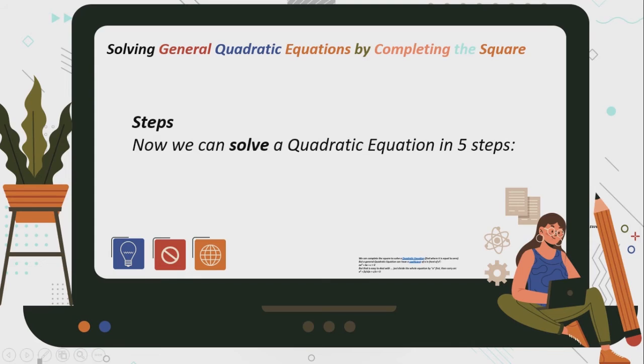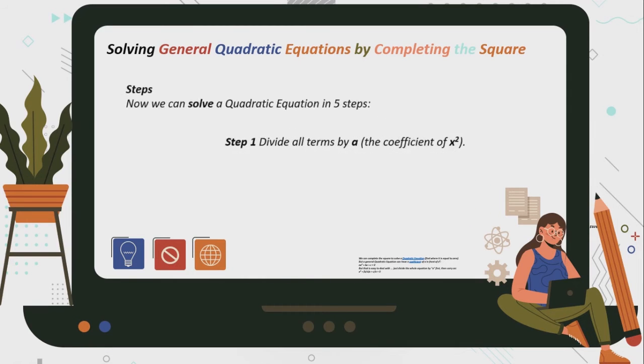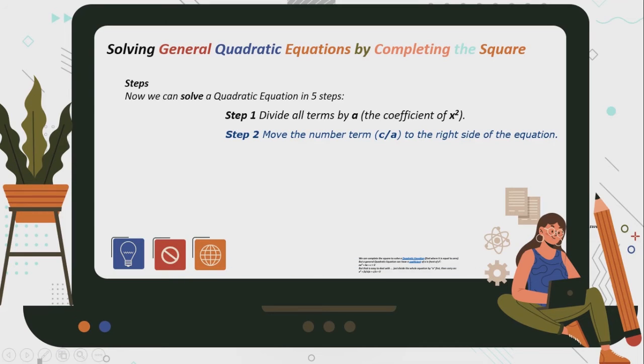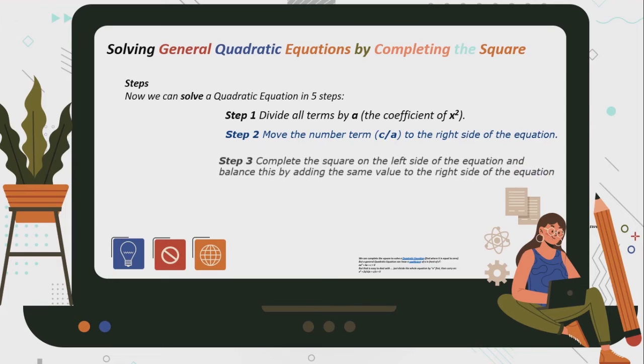Okay, steps. Now we can solve a quadratic equation in 5 steps. Step number 1. Divide all terms by a, the coefficient of x squared. Step 2. Move the number term c divided by a to the right side of the equation. Step number 3.